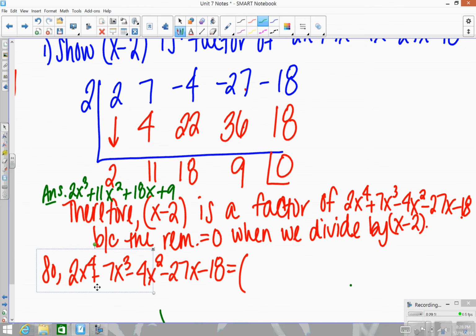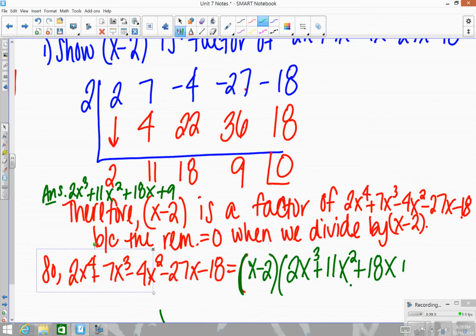So that means the original is equal to x minus 2, since x minus 2 is what I divided by, times whatever my answer was. So 2x to the 3rd plus 11x squared plus 18x plus 9.